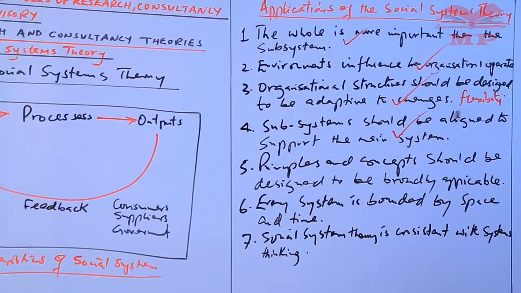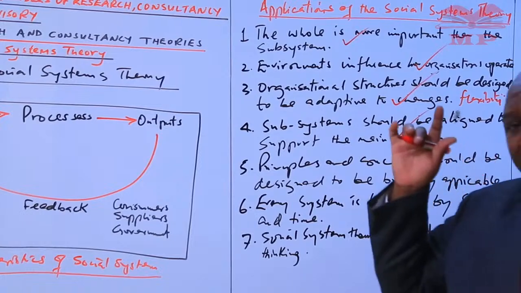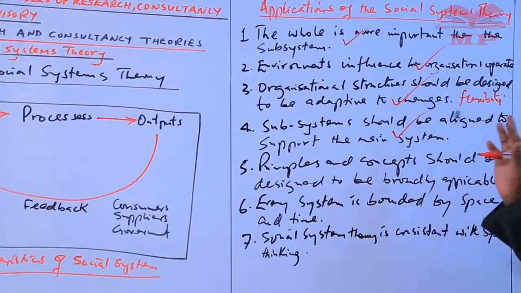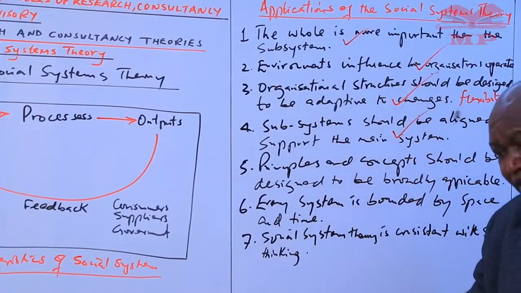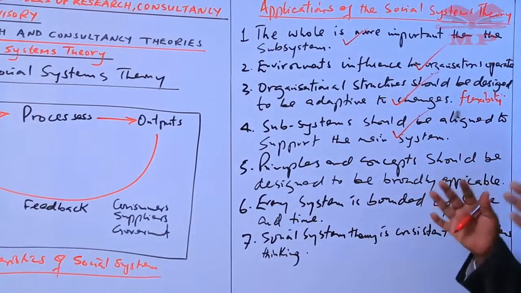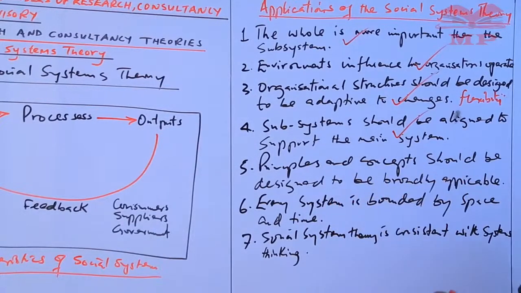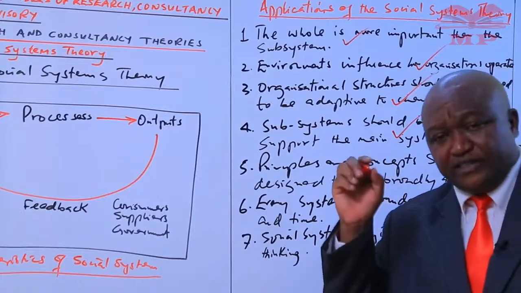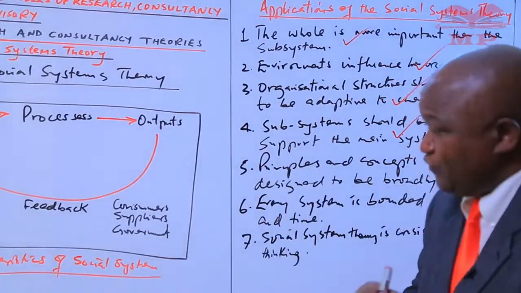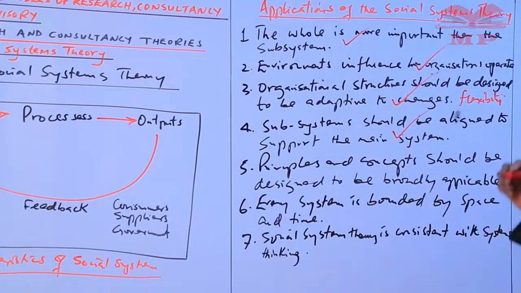The subsystem exists for the purpose of supporting the main. So in a government setting, for example, government agencies and operational areas must support what the entire government is doing. When it comes to a company, the departments and sections should ensure they are moving towards the realization of the organizational vision. That is how the social systems theory can inform decisions at that level.